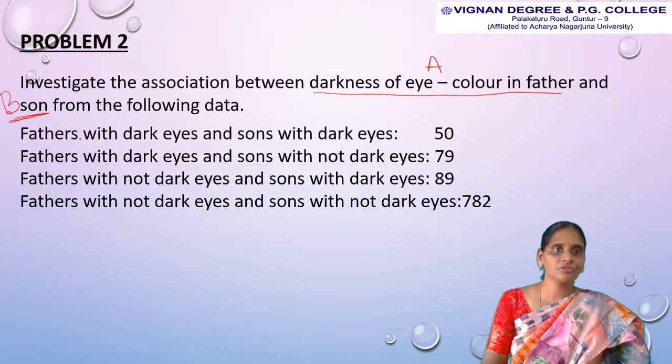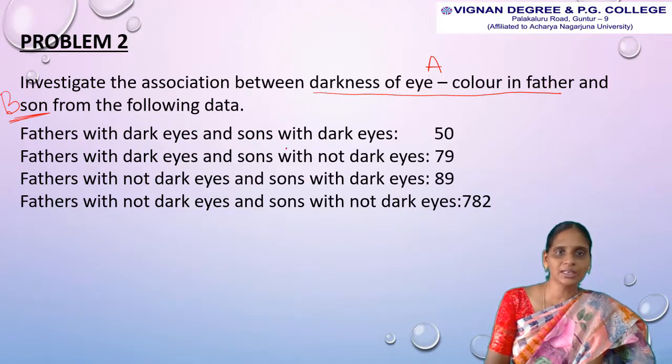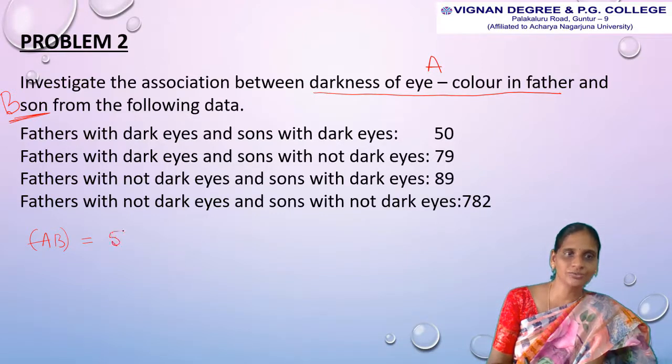Fathers with dark eyes and sons with dark eyes: fathers with dark eyes we denote by the attribute A, and sons with dark eyes by the attribute B. So frequency of AB, the value given here, is 50.